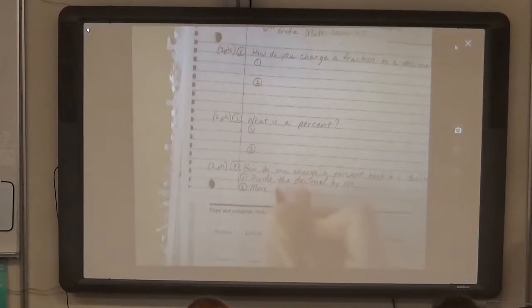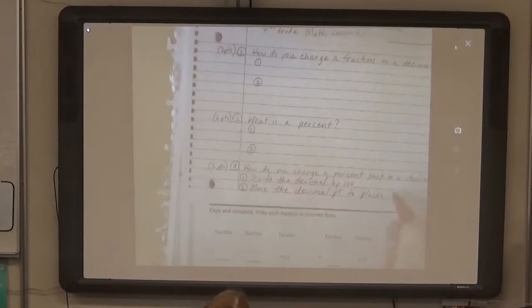Move the decimal point. I'm going to shorten the word point. 2 places left. Why did I capitalize left?